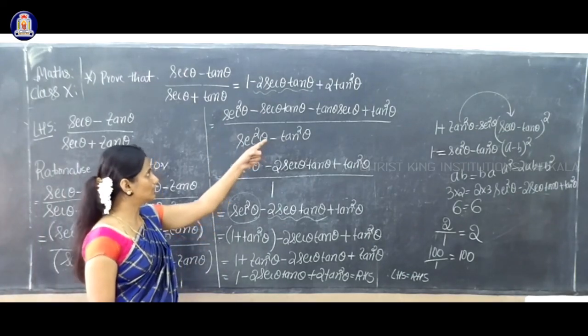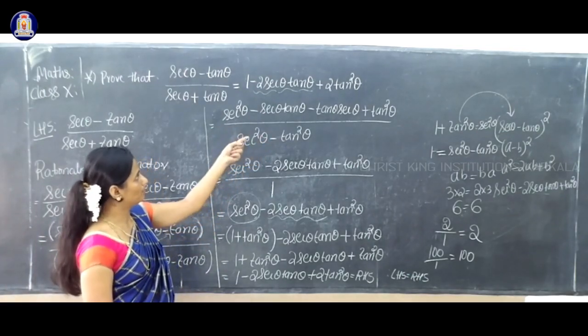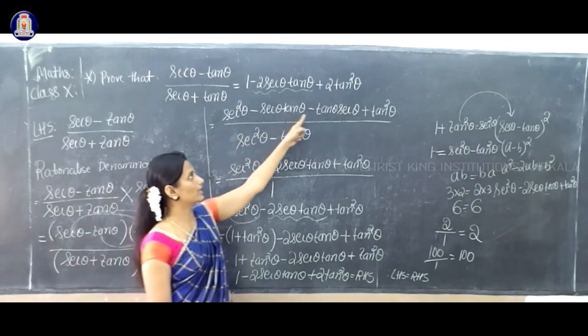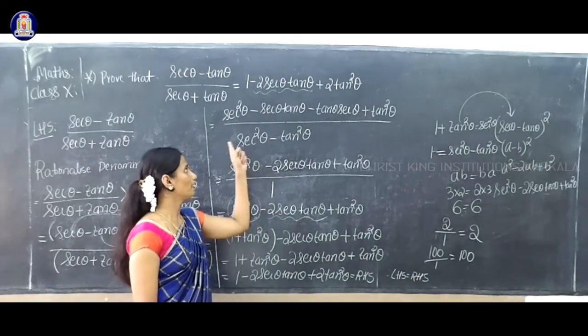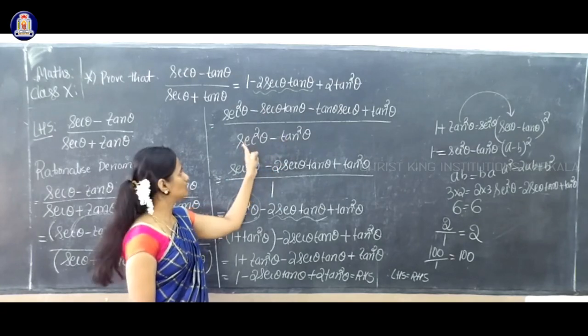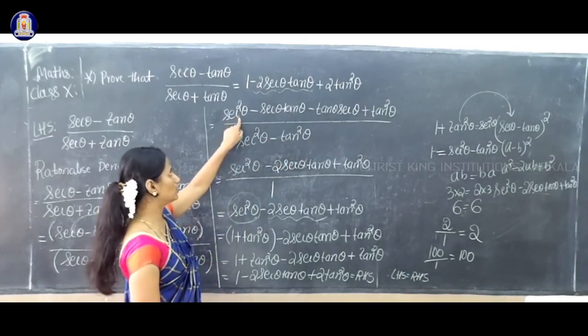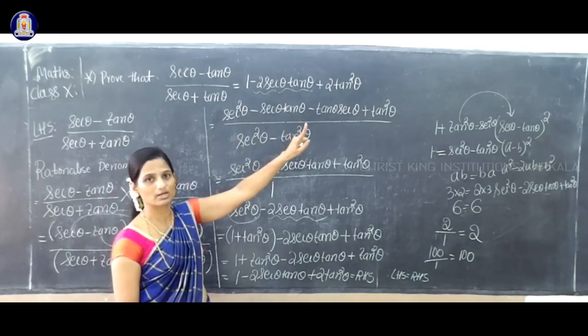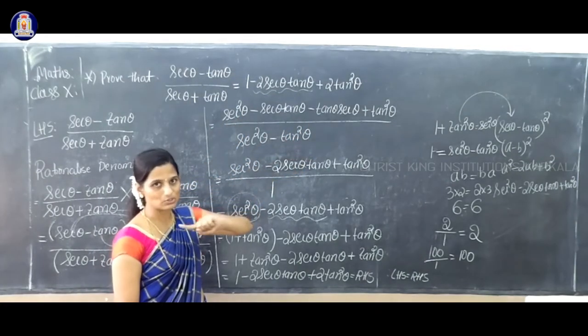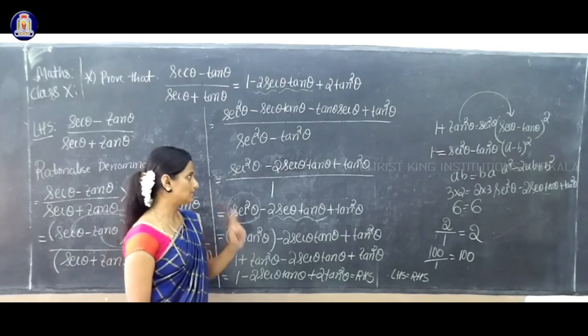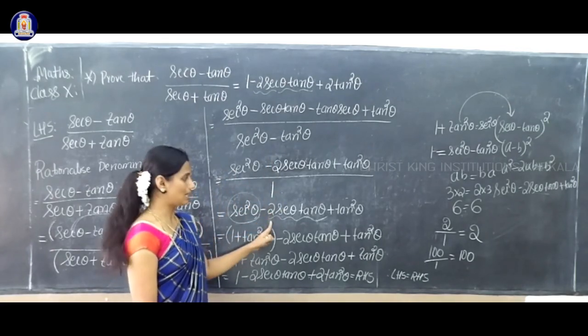Next there it is not possible to combine. So here these two are like terms, so combine them. From your formula list, secant square minus tan square is 1, and in the formula list we don't have secant square plus tan square equal to something, that is not a formula. So keep it as it is, and divided by 1 means as it is.